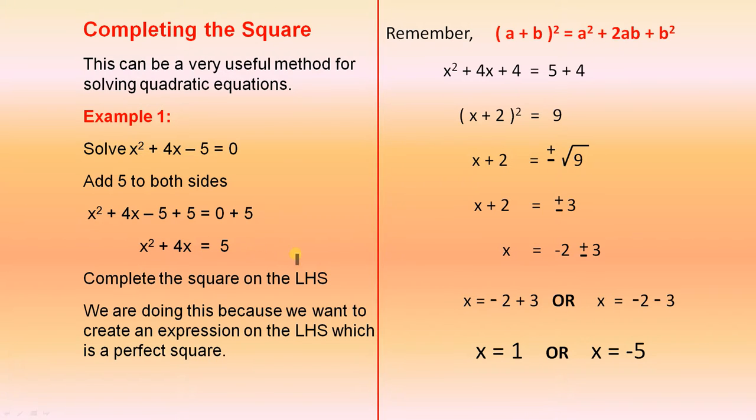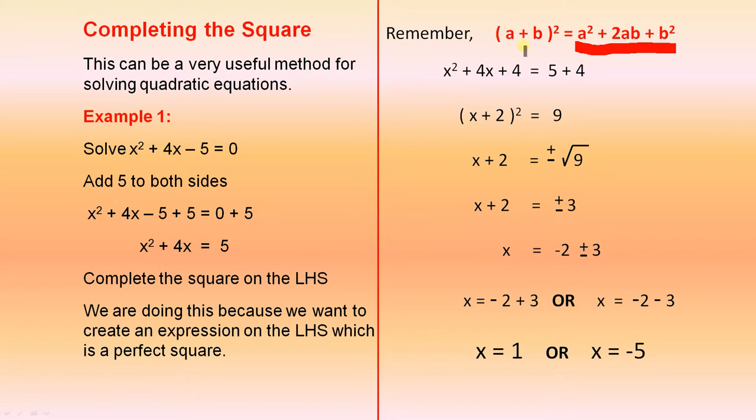Now, this method involves completing the square on the left-hand side, so that's what we're going to do. And you might ask, why are we doing that? We are doing this because we want to create an expression on the left-hand side which is a perfect square. Now, if you remember the earlier videos, you remember (a plus b) all squared, how we expanded that.